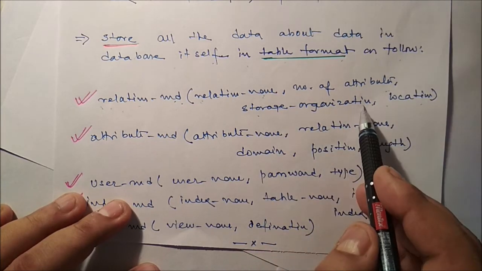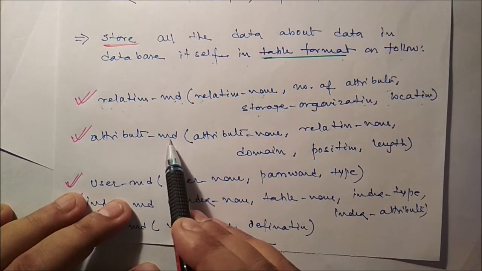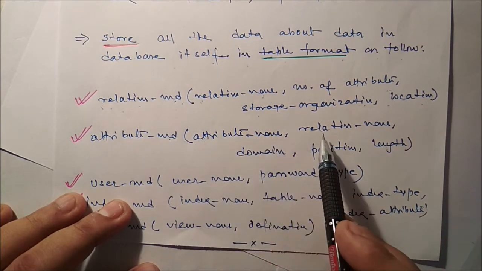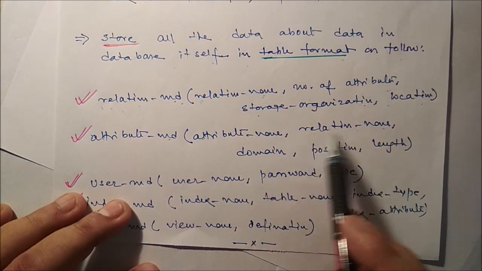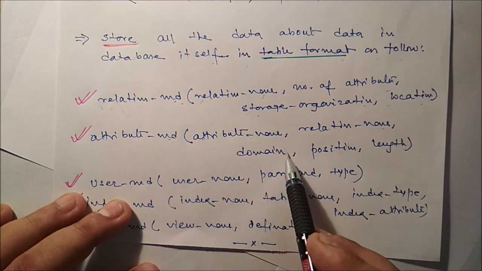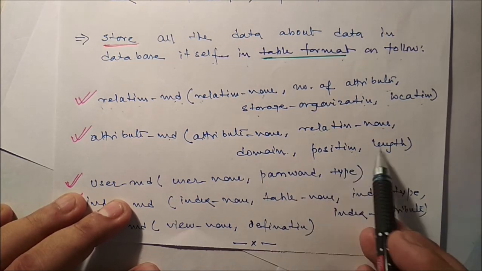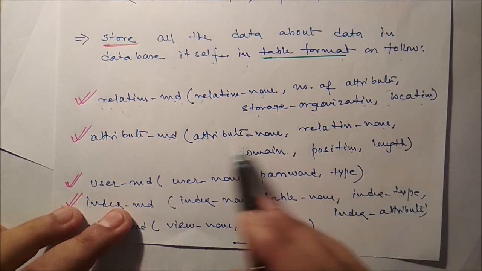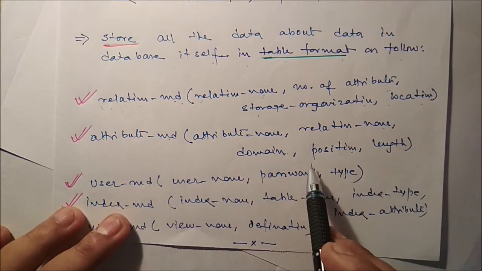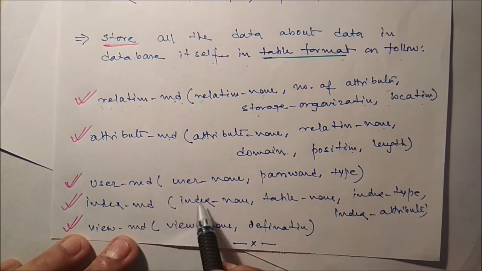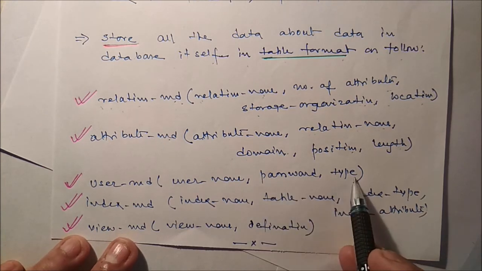Now attribute metadata: here we store the attribute name, relation name, domain, and length of the attribute. All this is stored in table format. Similarly for users, we can store username, password, and type.